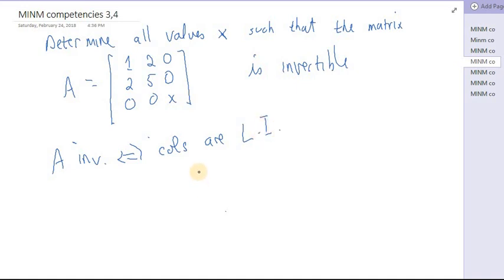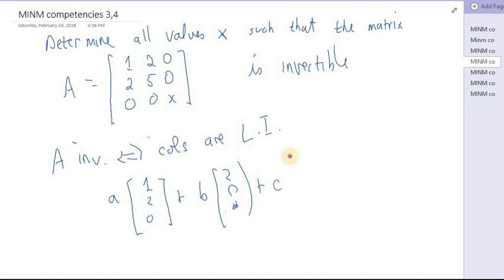So that means that a times the first column plus b times the second column plus c times the third column equals 0 implies a equals b equals c equals 0.